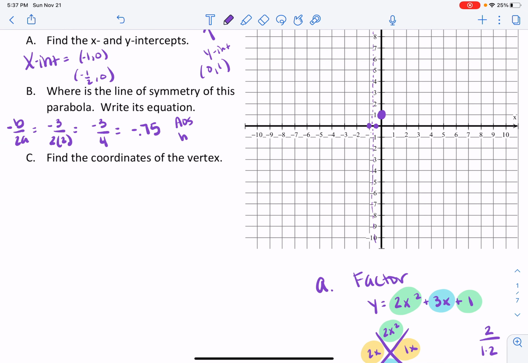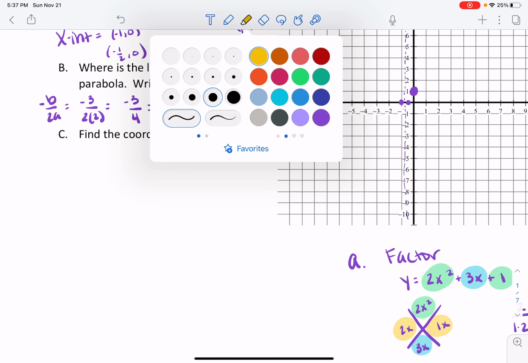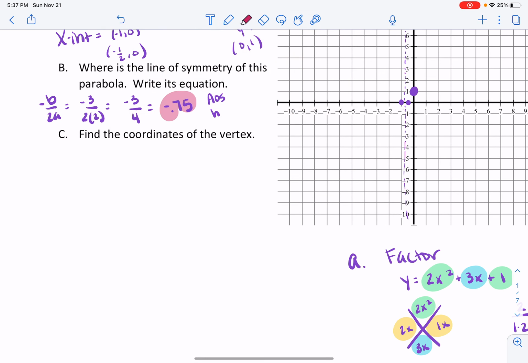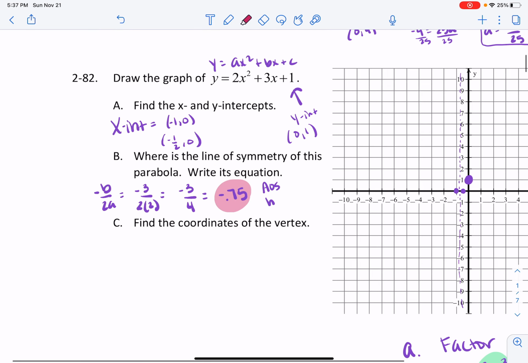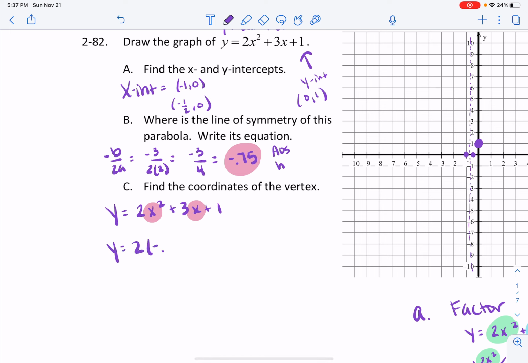Then find the coordinates of the vertex. So you're going to take what you found here and plug it back into the equation to find y, because this is also the h of your vertex. Okay, so we have y equals 2x squared plus 3x plus 1. I'm going to plug negative 0.75 in for x. So that becomes y equals 2 times negative 0.75 squared plus 3 times negative 0.75 plus 1.